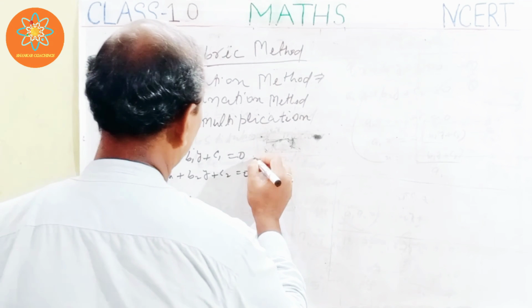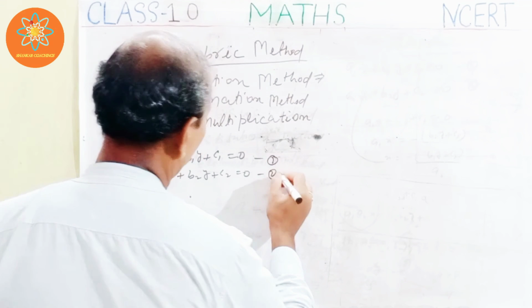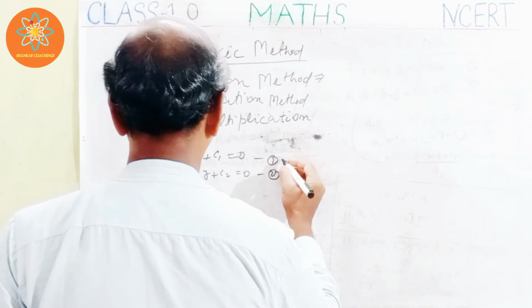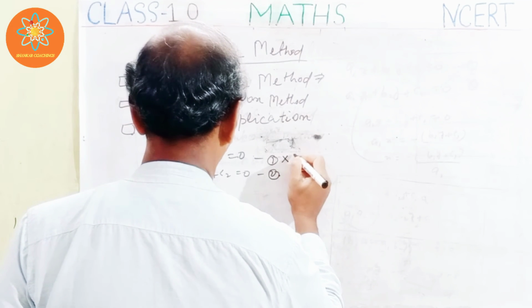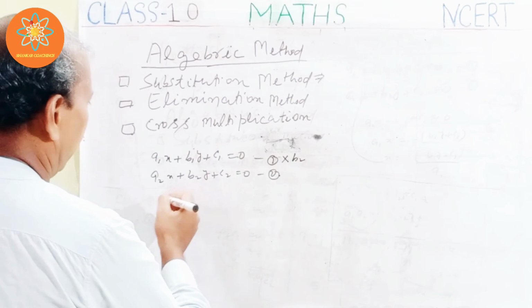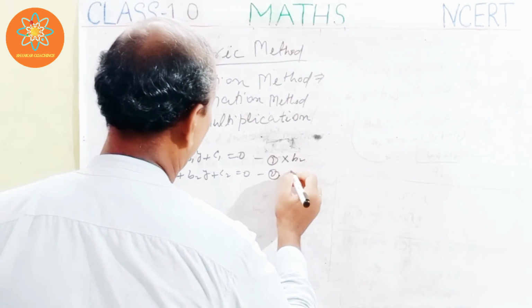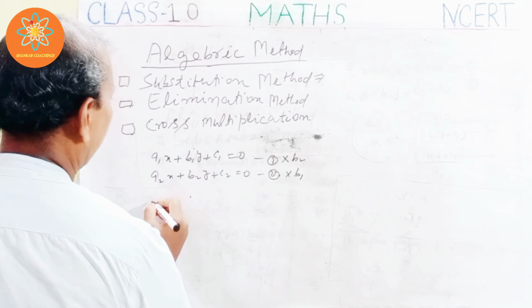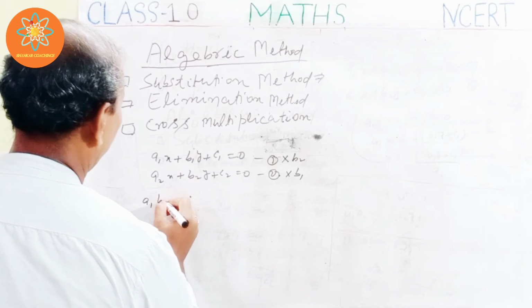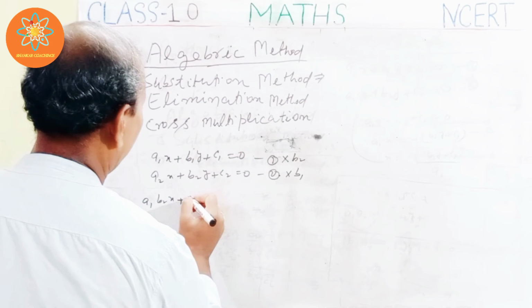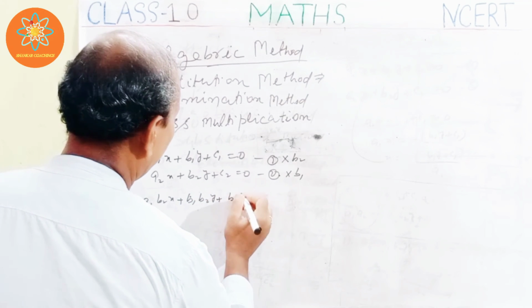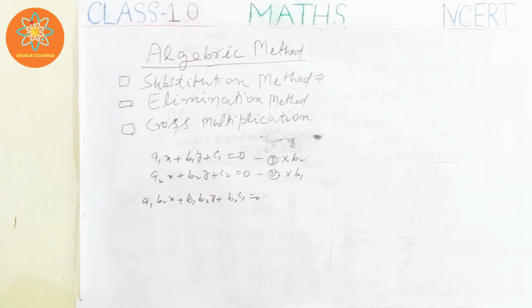Let's suppose this equation is 1 and this equation is 2. If I multiply this equation by b2 and this equation by b1, what will I get? Here it is a1 b2x plus b1 b2y plus b2 c1 is equal to 0.